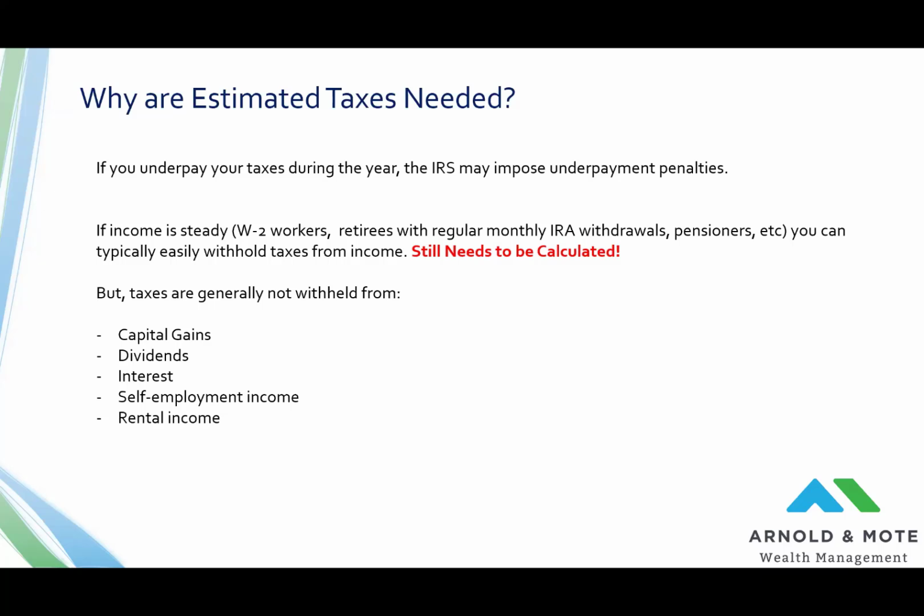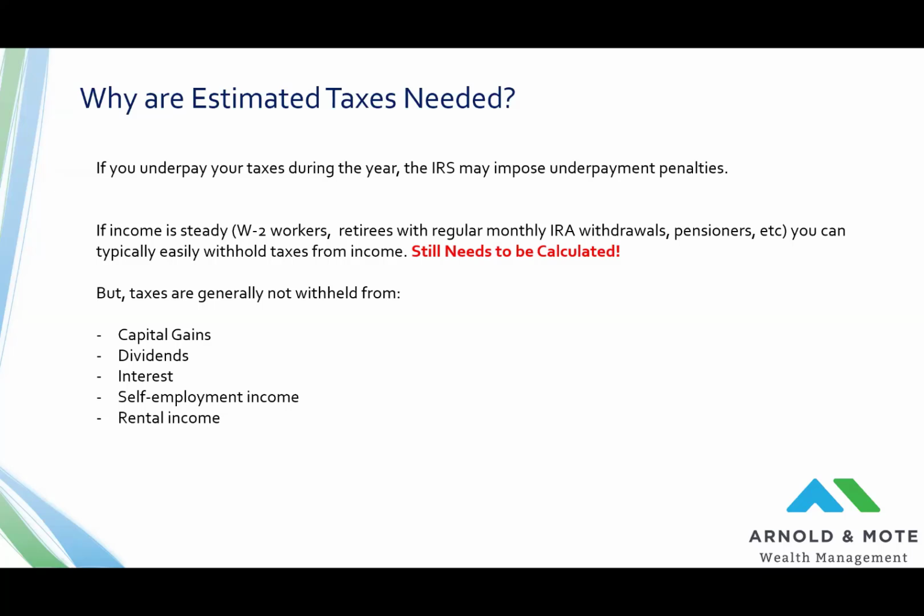But taxes are not withheld from some types of income. And for those that have substantial assets in these types of accounts, substantial interest, or self-employment income, for example, then this becomes much harder to plan around. You can't withhold as regularly as you'd like, and you have to start sending in separate payments.